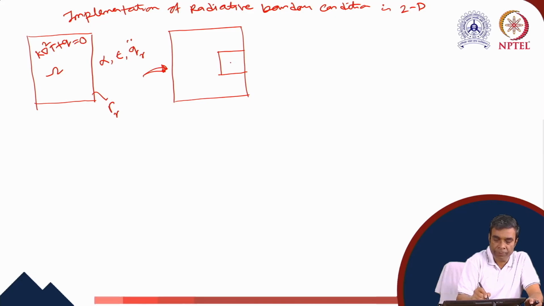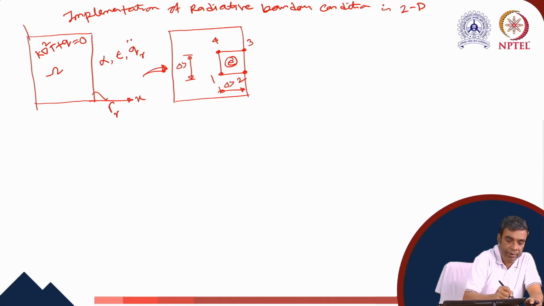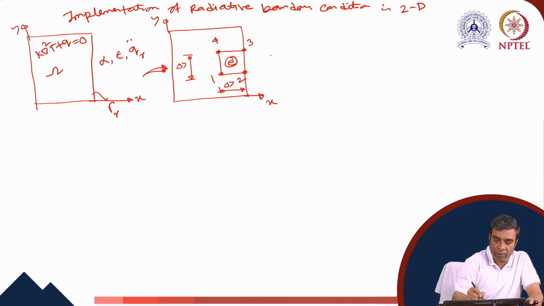So we consider one element E with local nodes 1, 2, 3 and 4. So the dimension of this element is delta x in the x direction and delta y in the y direction. So this is x axis, this is y axis, this is y, and this is x. So our given boundary condition data are for alpha, epsilon and QR double dot.